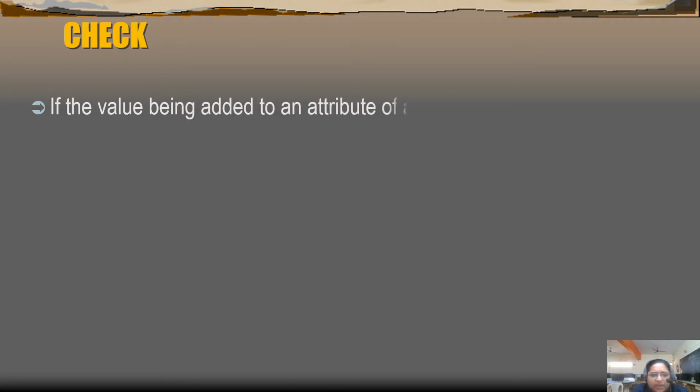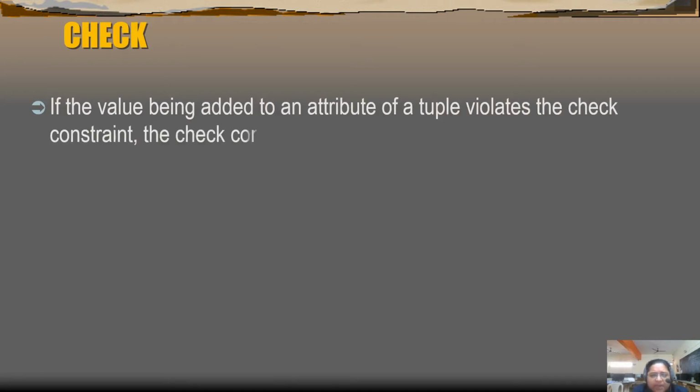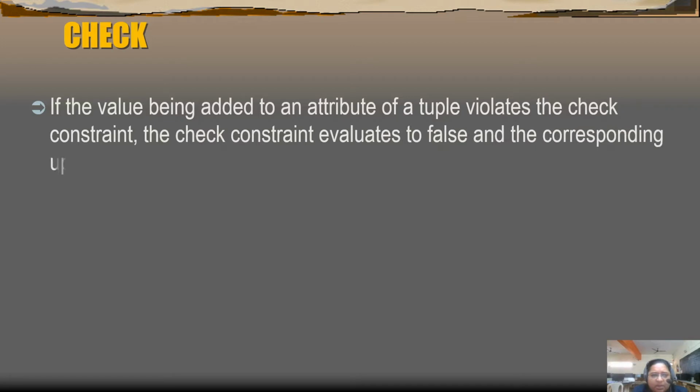If the value being added to an attribute of a tuple violates the check constraint, it automatically evaluates to false, and hence that data is not saved in the table. So if you are trying to run an insert query with the wrong type of data for that particular column on which the check constraint has been applied, then that whole tuple is rejected.